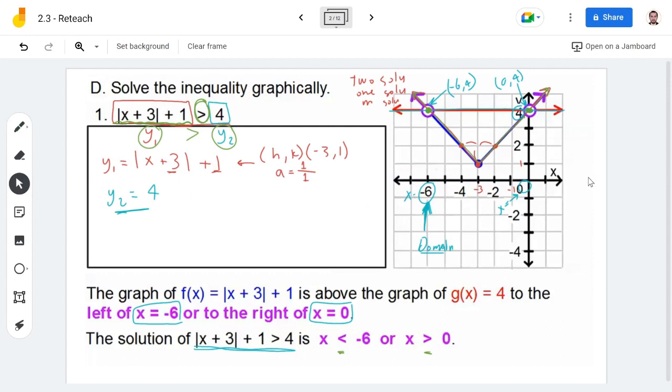My graph, y1, is greater than y2. So if this one is 4 and we go up, all the values up are greater. All the values below are smaller. Because the question said my function is greater than 4, my graph should always be above number 4.